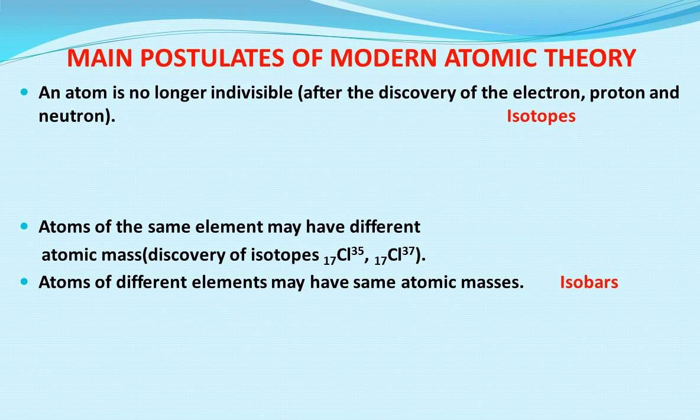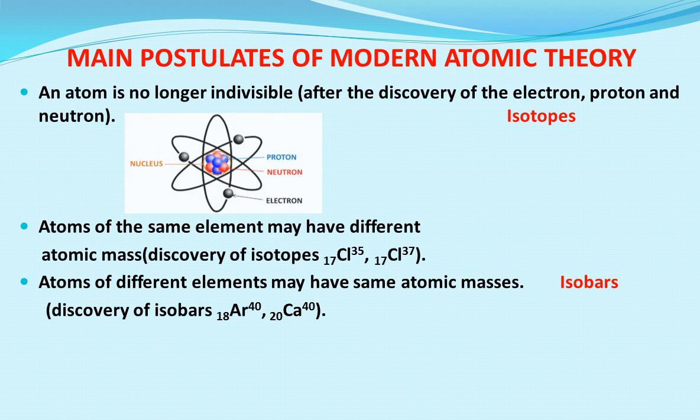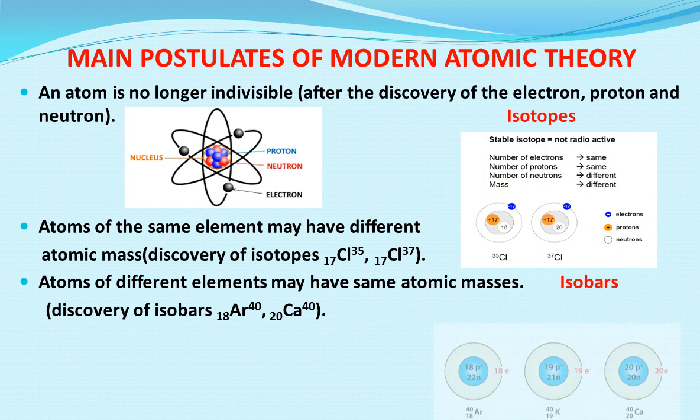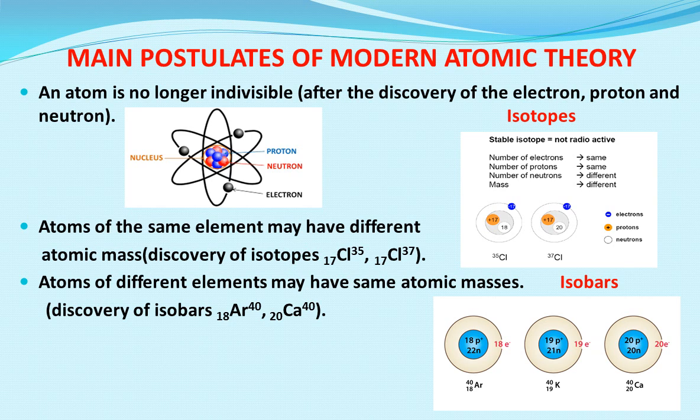The third point: atoms of different elements may have the same atomic mass. That means isobars. For example, argon and calcium are different elements, but both have the same atomic mass, that is 40. The atomic number is different. So in this term we call them isobars. These are the first three postulates of modern atomic theory.